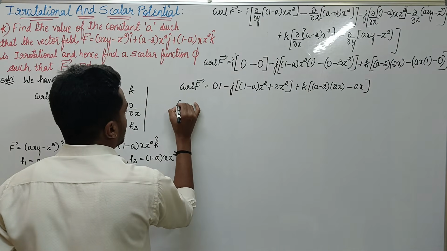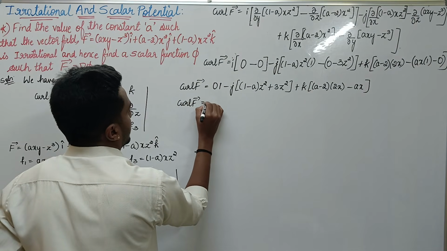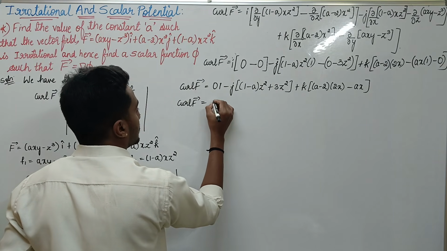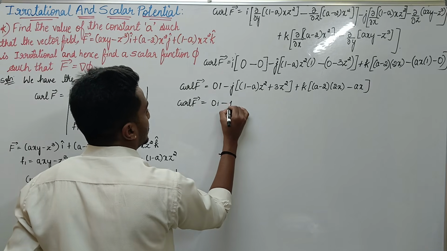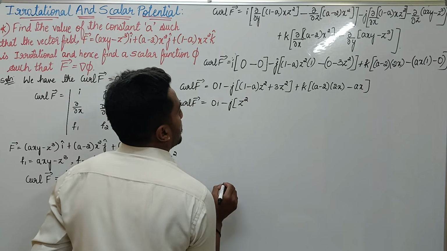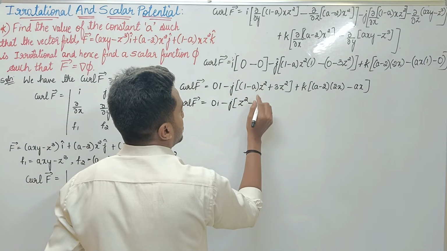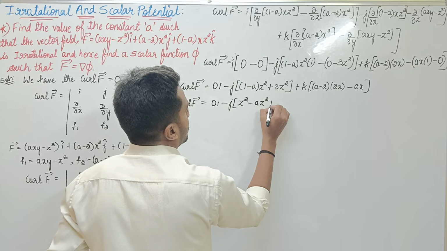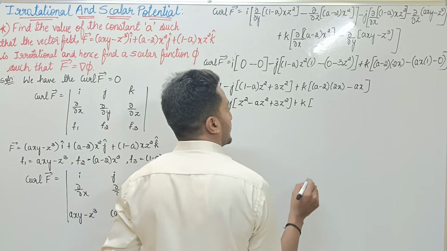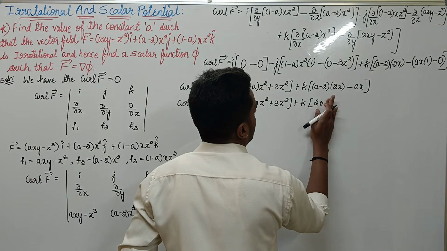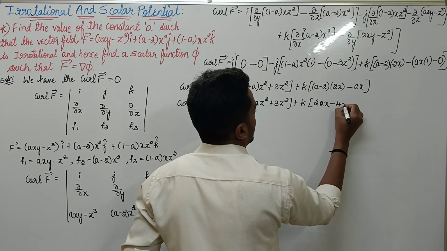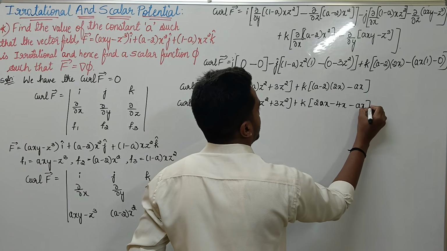Now multiply the inner term. Curl vector f is equal to 0i, I can neglect it. Then we have, let us represent in the last, 0i minus j into, multiply 1 into z square minus a into z square plus 3z square, plus k into, now multiply 2ax minus 2, 2 twos are 4x minus ax.